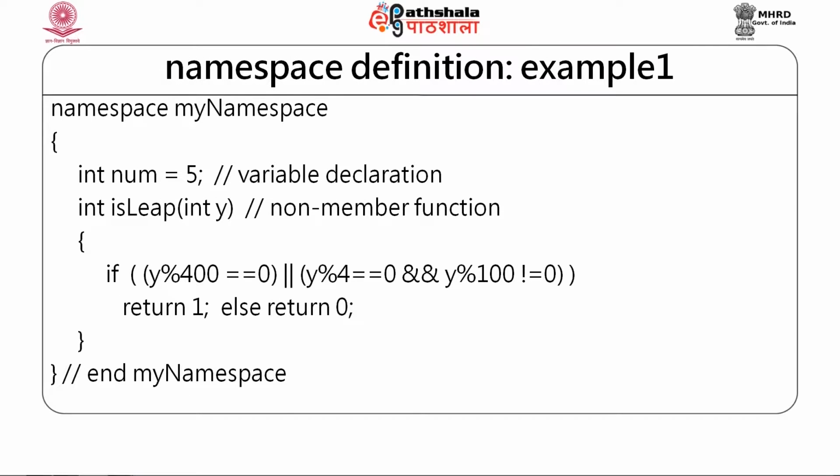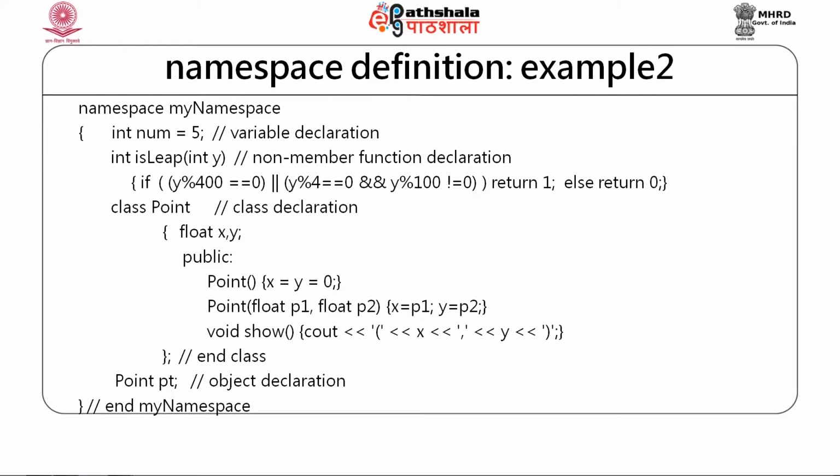Let us see the example of creating or defining the namespace. See here, we have created the namespace named my namespace, which has an integer num and the function isLib. So, here we have only two elements, a variable and a function. Let us see another example of the namespace.